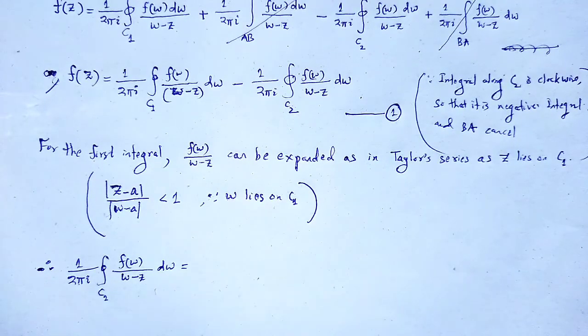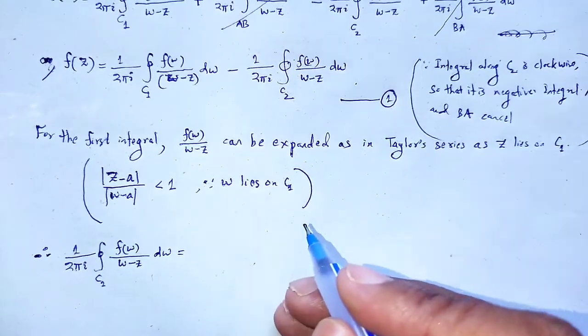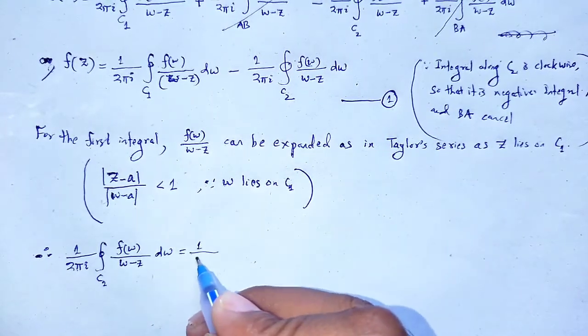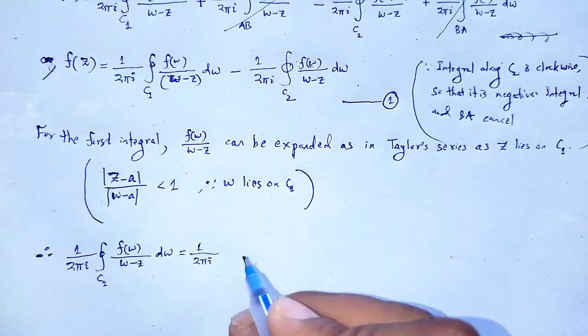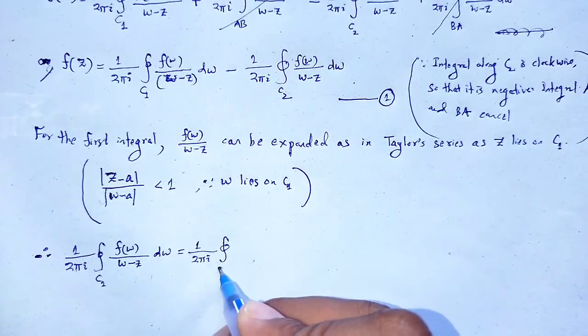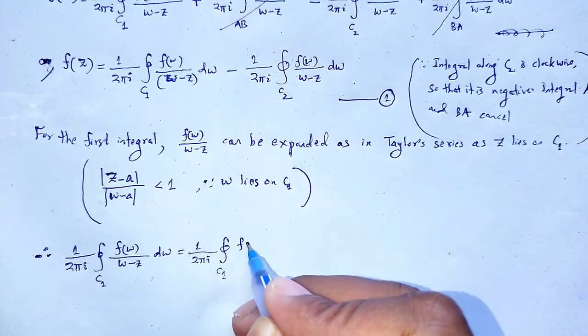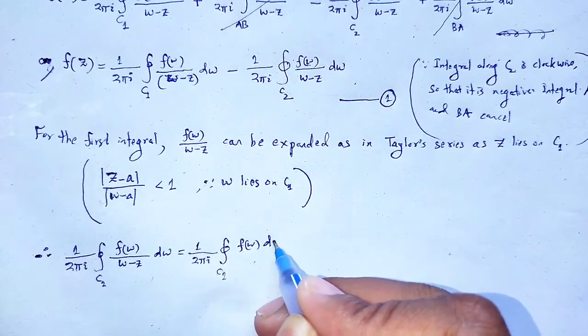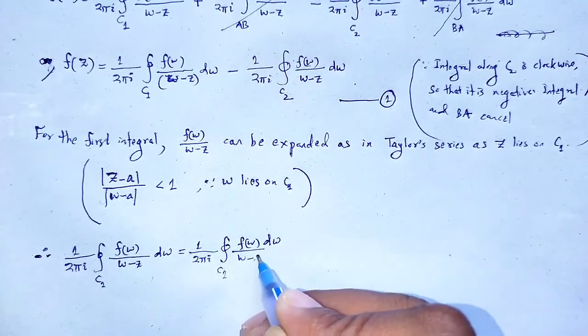It is expanded as 1 by 2 pi i closed curve integration over C1 f of w dw divided by w minus a.